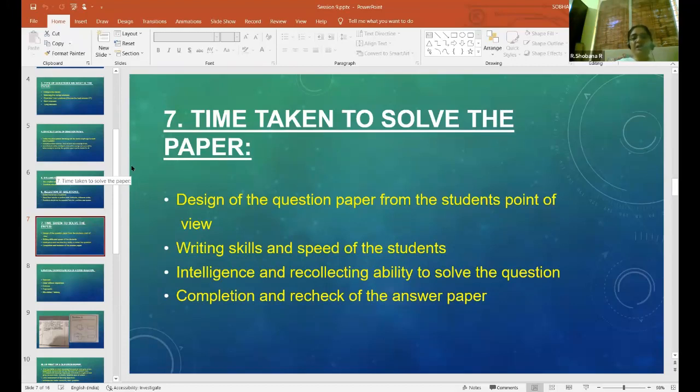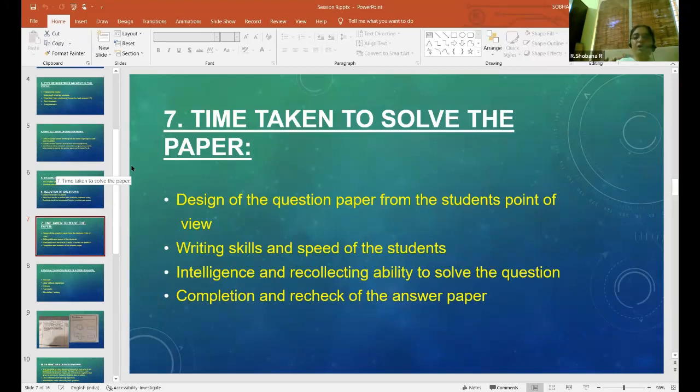Writing skills and the speed of students are very, very important, as we are facing students after this corona pandemic. They were all at home and have completely forgotten their writing skills. The speed of solving problems, even the speed of recollecting tables, has come down drastically.